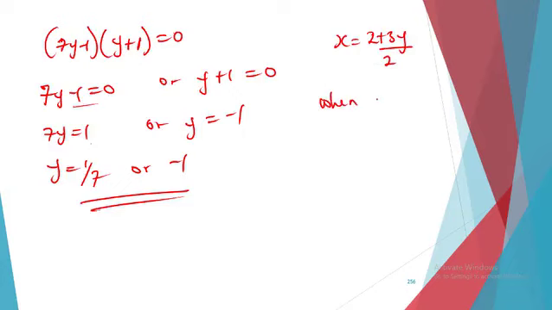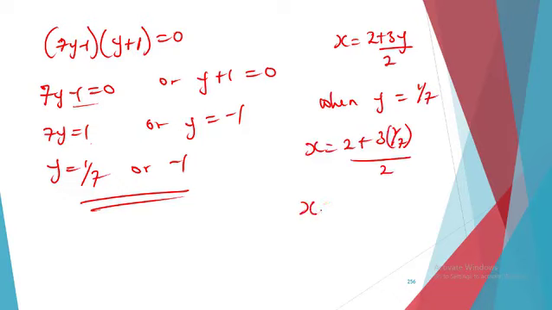So when y is equal to 1 over 7, we have x equal to 2 plus 3 into 1 over 7, all over 2. x will be equal to 2 plus 3 times 1 is 3 over 7, all over 2. We have this equal to the LCM of 7 and 1, which is 7. Remember, there is a 2 here.